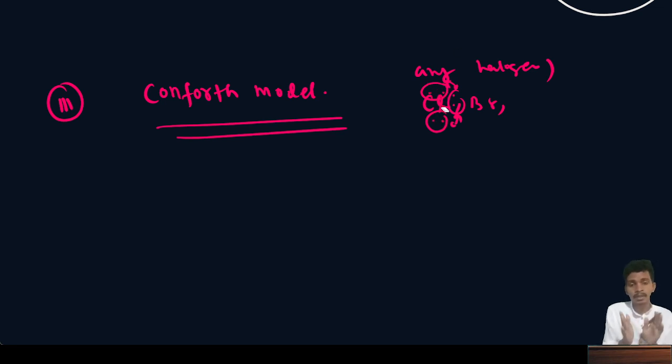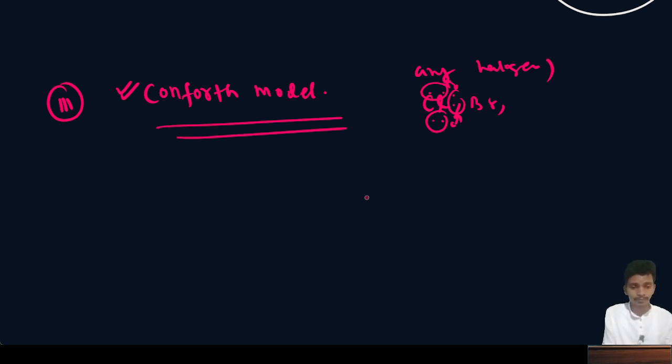Even if all the conditions of the Cram's chelate model are satisfied, we will not use it if chlorine is present. For chlorine we will use a specific model called the Cornforth model.